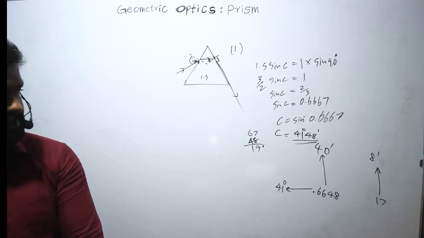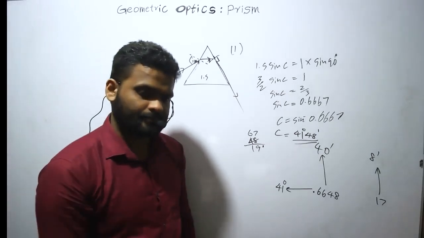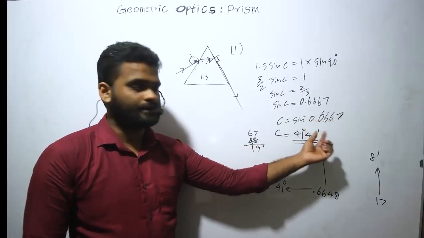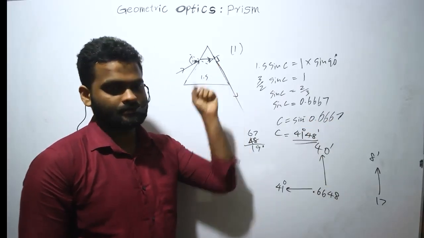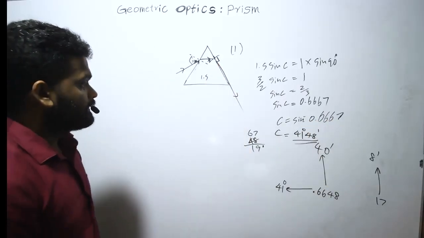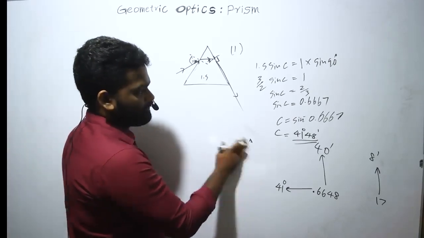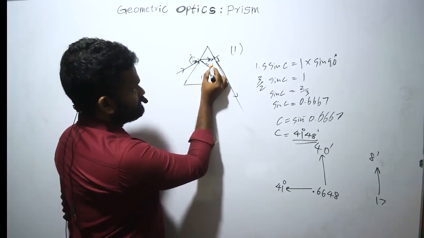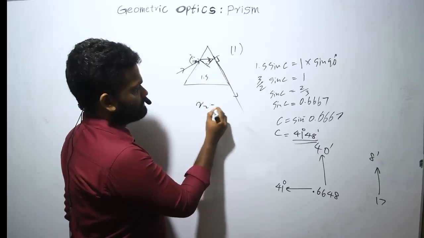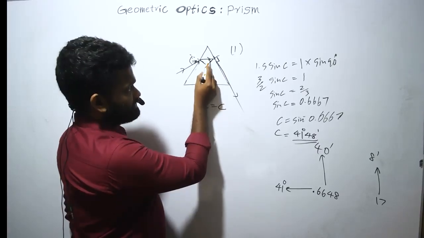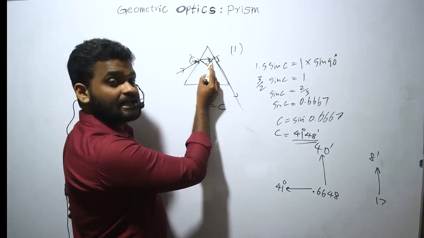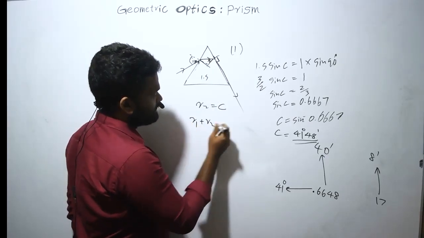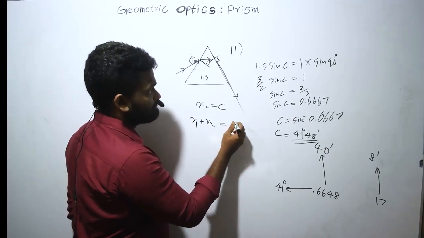Okay, now we found the critical angle, 41 degrees 48 minutes. Then we know that R2 is equal to C; this is R2, but it has become the critical angle now, right? Then we know R1 plus R2 is equal to the prism angle.